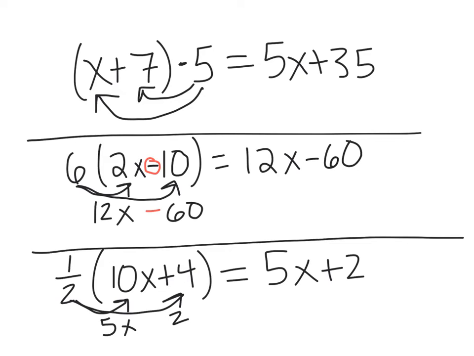Next, let's go ahead and do a couple backwards. Doing this process backwards is called factoring. So let's say that we have 6x plus 12, and we're trying to figure out where it came from. We know we have some number times something in parentheses.